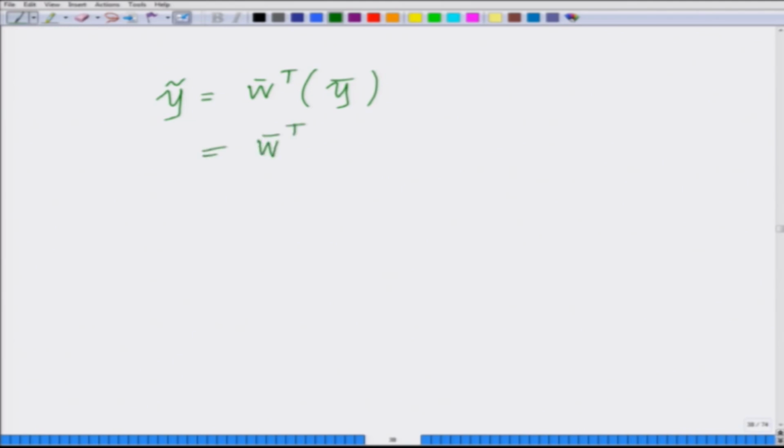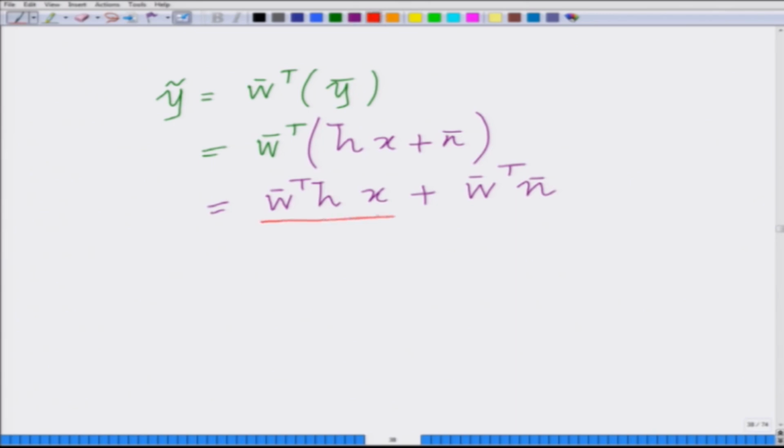So, this is W bar transpose h bar x plus n bar, which is W bar transpose h bar times x plus W bar transpose n bar. And now, you can clearly see W bar transpose h bar x is the signal component, and W bar transpose n bar is the noise component.